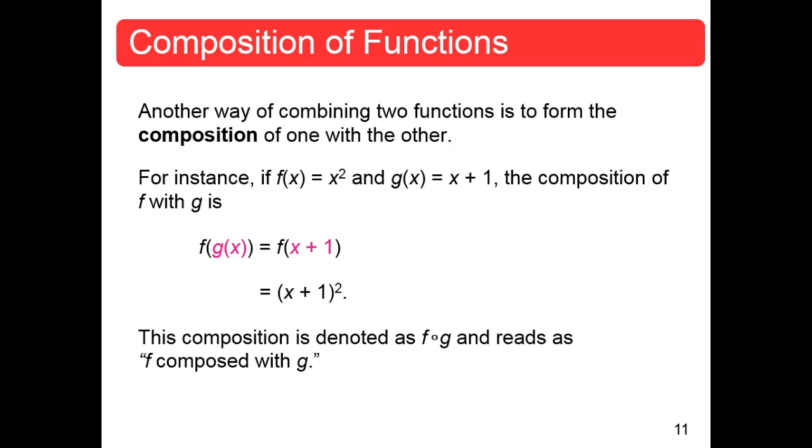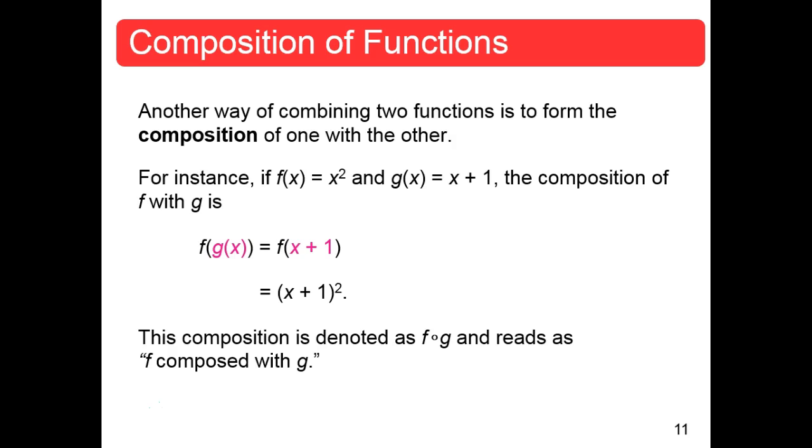But here's how you read this: f of g of x. The parentheses, just read it as an of. And what you do, you start with the innermost function first. The g is the innermost function, so you plug in what g is here. Now you're doing f of x plus 1.